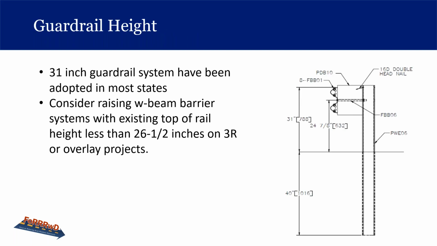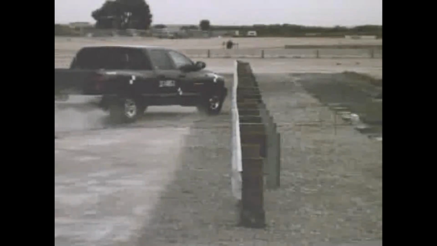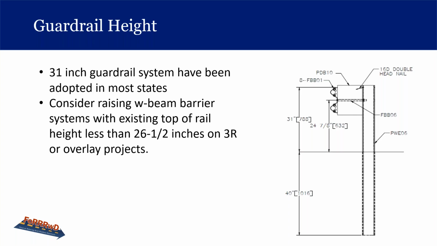Let's take a look at the guardrail height. We'll go over this and show you a good crash test. In the early 2000s, the Midwest Roadside Safety Facility, the MwRSF, conducted a study to develop a better performing roadside barrier.